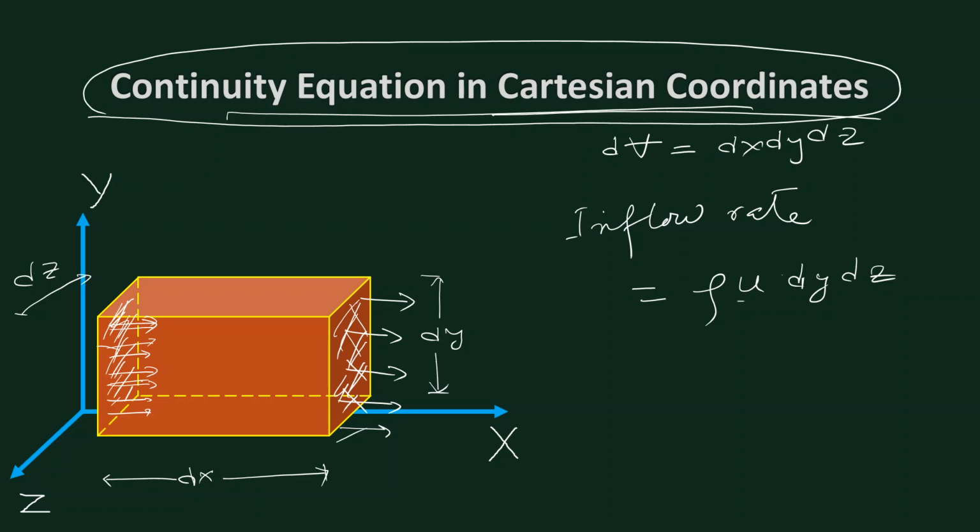I'm mentioning density at this point because we don't know whether the density will remain the same here and here. Therefore, let's consider that the density at this point may be different. If that is the case, then what can we write about the rate of mass flow through this surface?